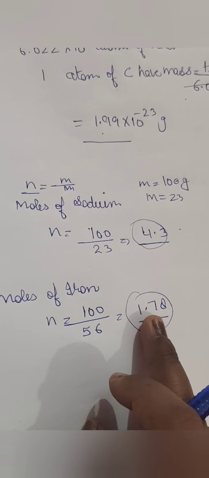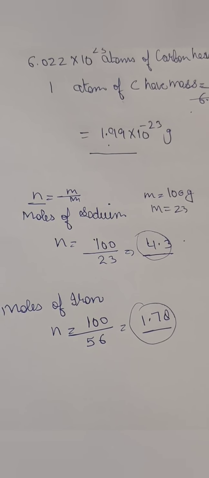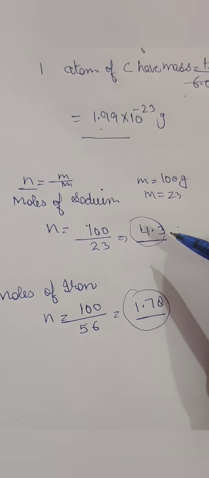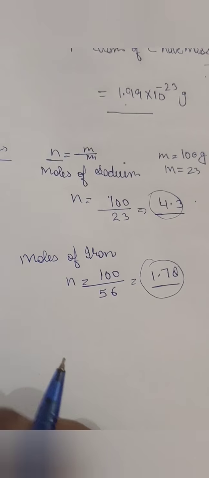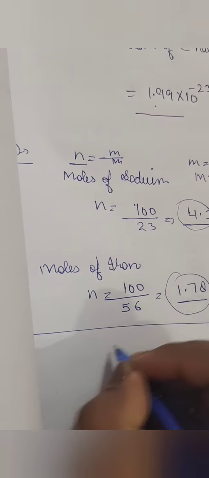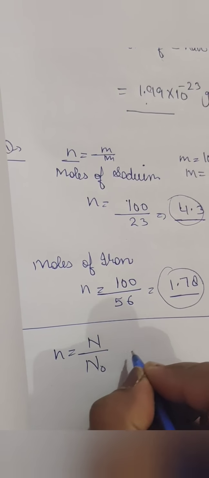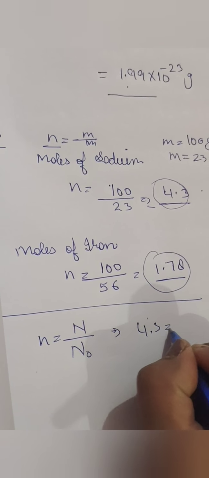Obviously it's lesser, because the mole is a relationship between the mass of the atom and the number of atoms. Since the mass of the atom is less here, obviously the number of atoms will also be less here. Or we can also do it this way: n equals N upon N naught. For this one we have 4.3 equals N upon N naught.